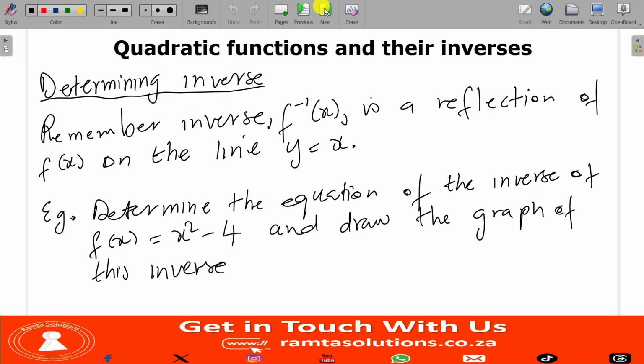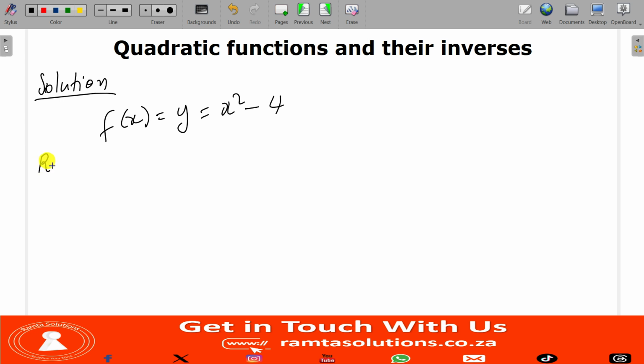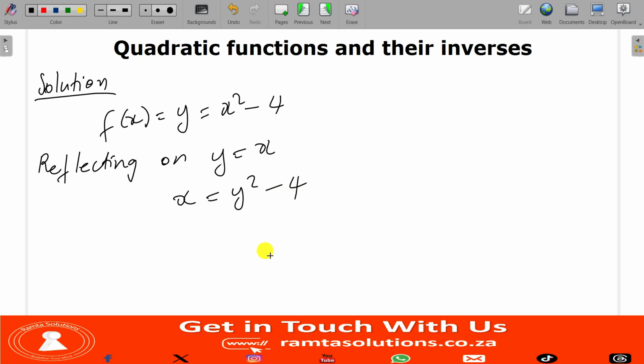I like writing the statement reflecting on y equals x. So what does it mean? Where there's x you put y, where there's y you put x. So x equals y squared minus 4, right? So what is this? X plus 4 equals y squared.